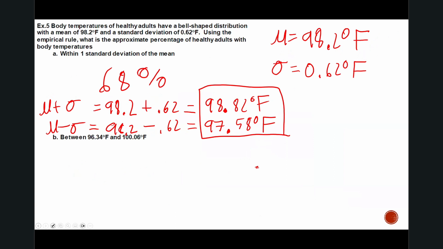All right, so let's look at the 100. That is universally what they say is a fever, right? So if your body temperature is normally at 100, that's way above average, we would assume. So let's subtract.